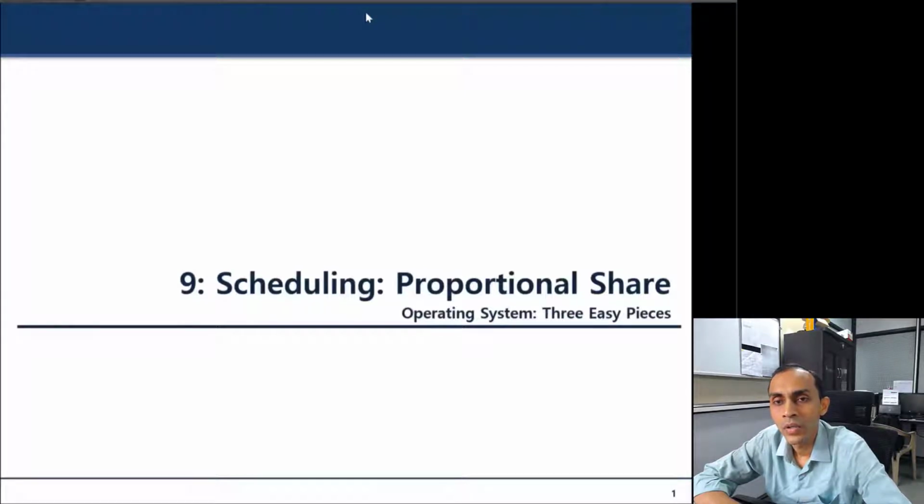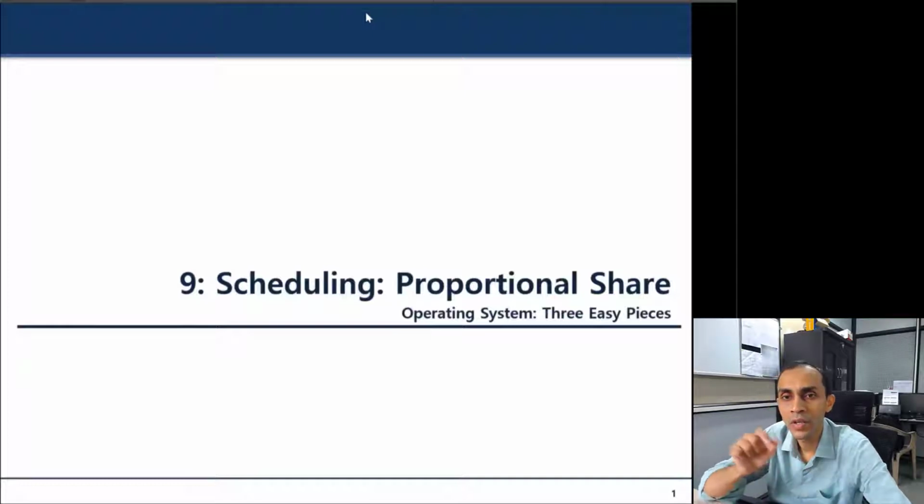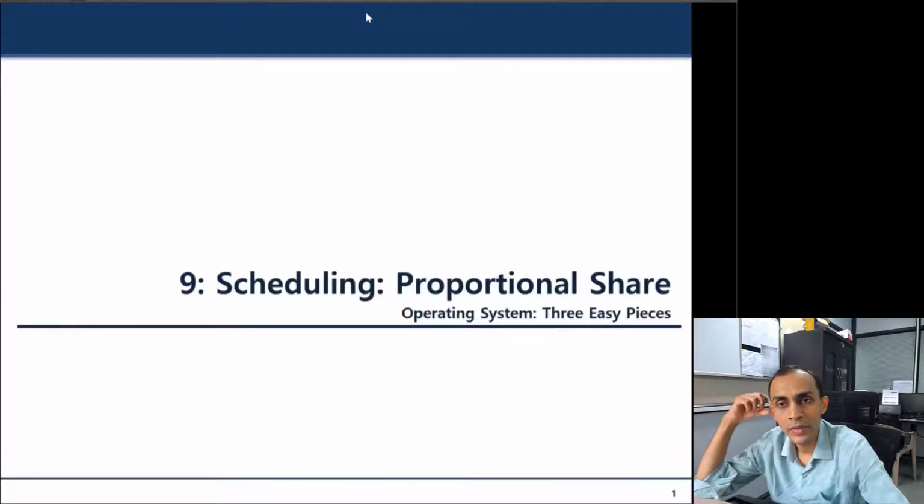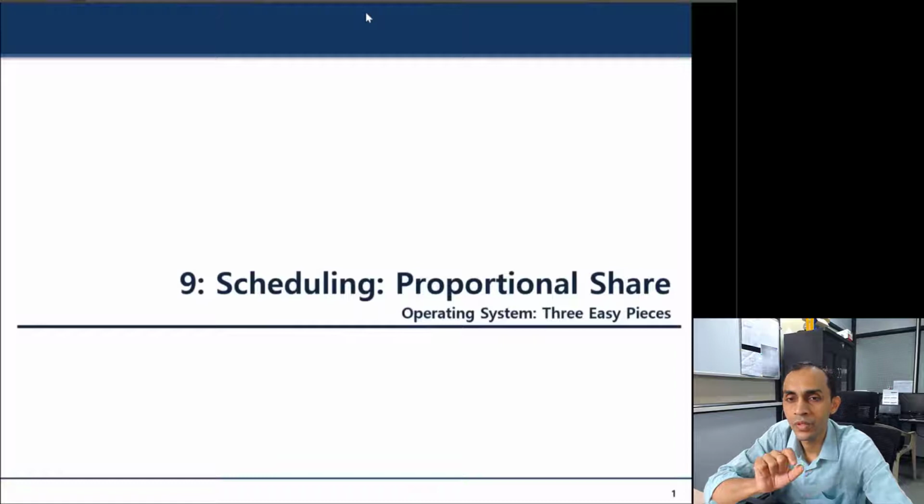And also the turnaround time will tend to increase because now each process will stretch as long as possible, because when the time quanta is shorter, the process will tend to stretch till the end basically.